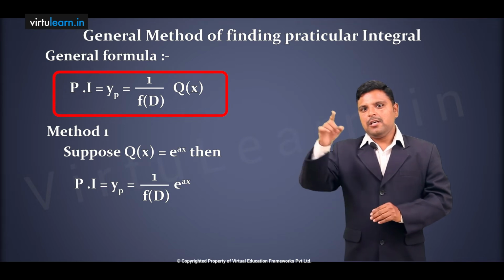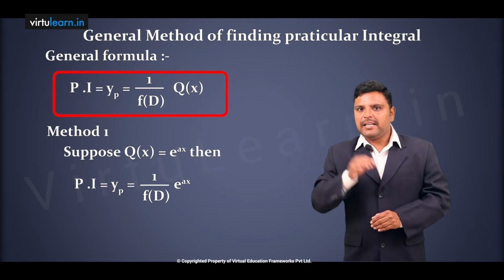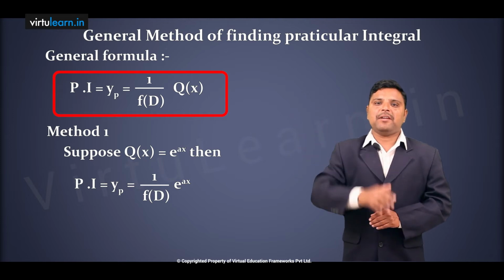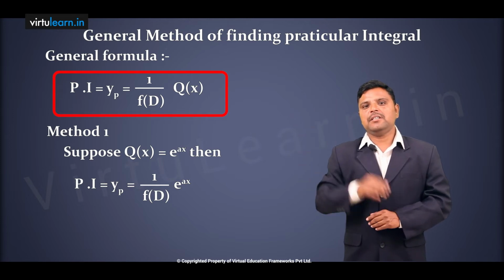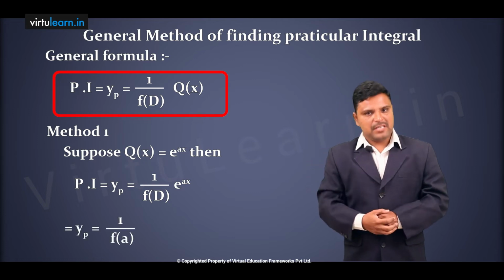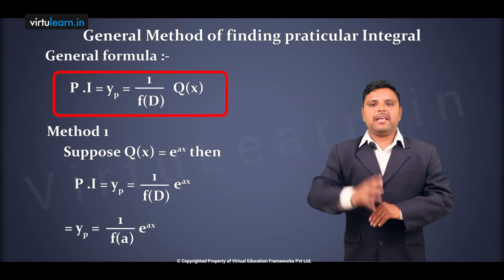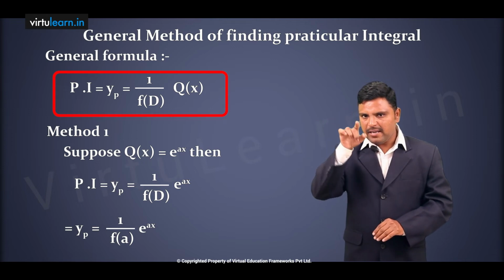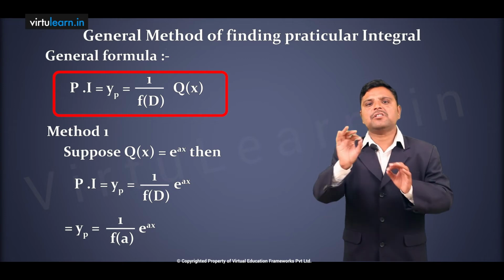Wherever D is there, in place of capital D you substitute the coefficient of x in e power ax. What is the coefficient of x here? a. So the answer is 1 by f of a into e power ax. This is the particular integral, direct.